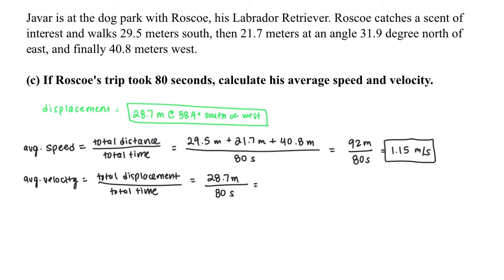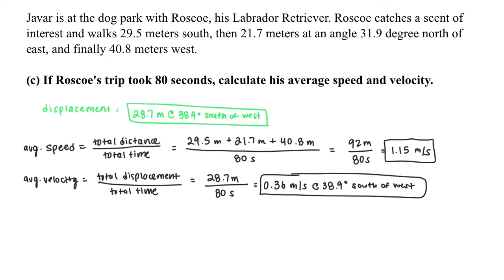And that'll give me an average velocity of 0.36 meters per second at 38.9 degrees south of west. And again, recall, because velocity is a vector, it uses displacement, also a vector, so velocity will inherit the direction of the displacement vector. And so I'll just take that 38.9 degrees south of west with me when I calculate the average velocity of Roscoe.